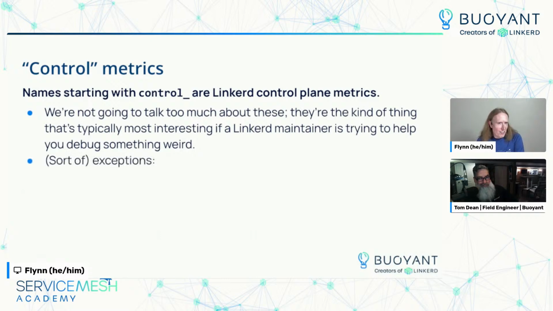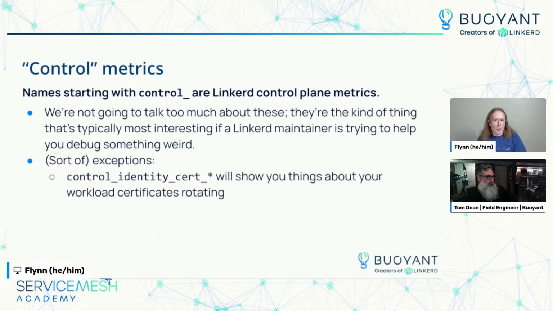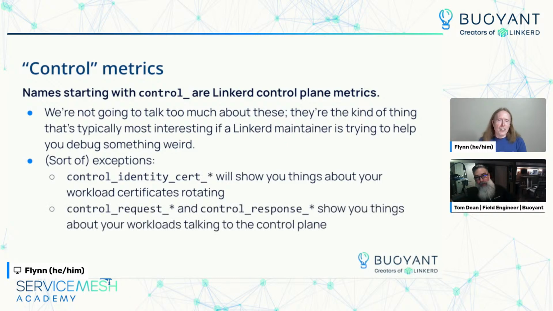There are some things in here that are kind of exceptions, like there's a group of control identity cert metrics that will show you things about when your workload certificates are supposed to rotate and how many times they've rotated and things like that, which is kind of cool. I mean, that can be handy in some situations, especially if you're the kind of person who gets paranoid about certificate rotation. There's also, say again? If you forget. Yeah. Wouldn't say anyone that might watch this would ever forget. Yeah.